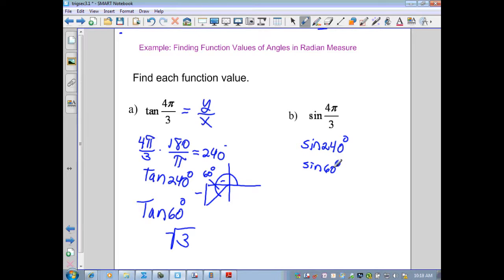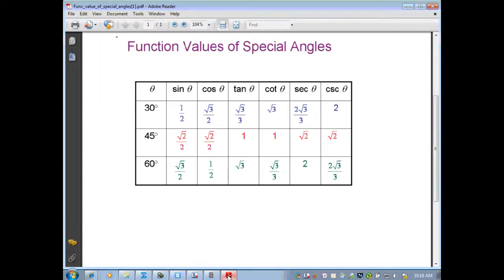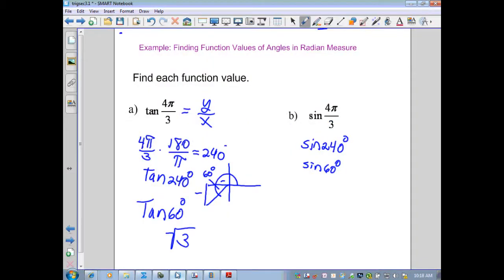And the chart in our group resources under Chapter 2 shows us function values of special angles. We have the sine of a 60-degree angle is the square root of 3 over 2. Going back to the problem, we know the solution is the square root of 3 over 2, but we have to determine, is this positive or negative, in quadrant 3 where 240 degrees is located.